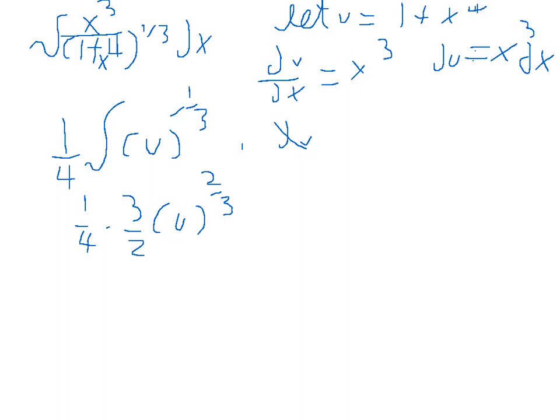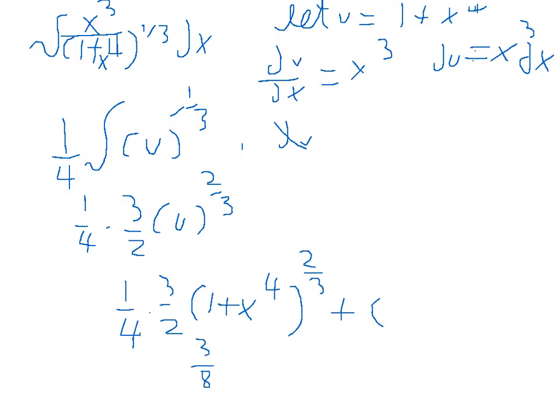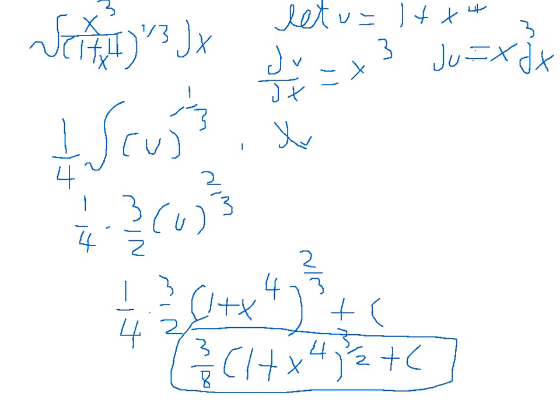Then we plug back in, so we have 1/4 times 3/2 of 1 plus x to the 4th, because we're plugging what u equals back into the equation, to the 2/3, plus c. That 1/4 times 3/2 is 3/8. So the final answer is 3/8 times 1 plus x to the 4th to the 2/3 plus c. So that's the final answer for number 4.